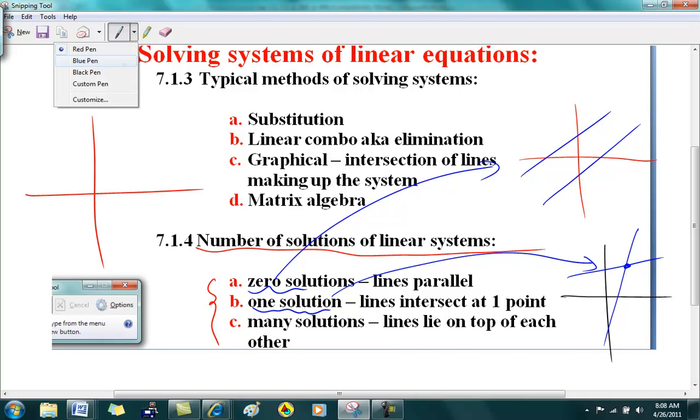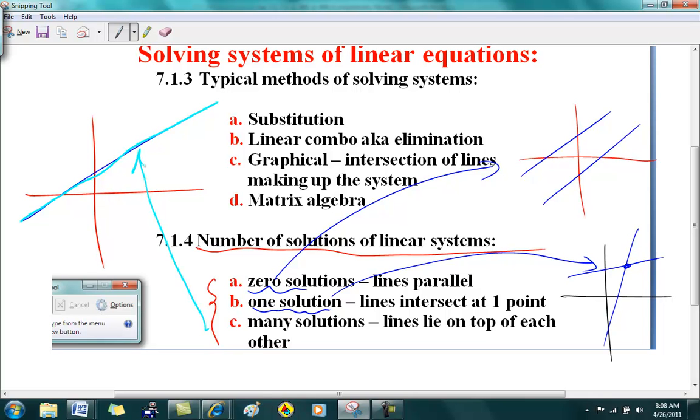where there are two equations typically, and they both represent the same line. So the lines are sitting on top of each other, and therefore you've got an infinite number of solutions. So those are the three cases in linear systems.